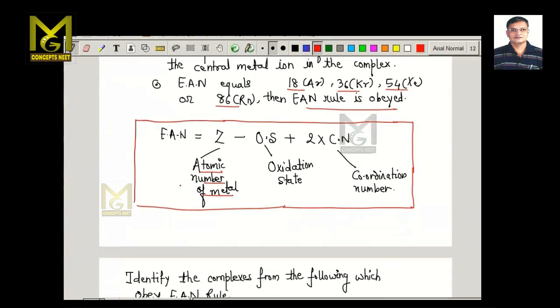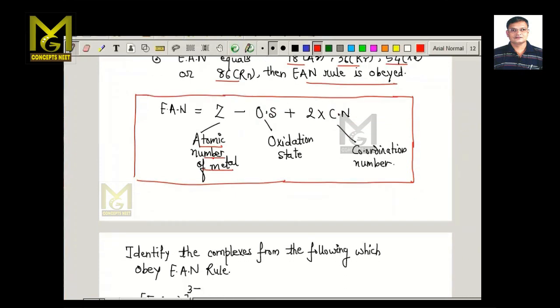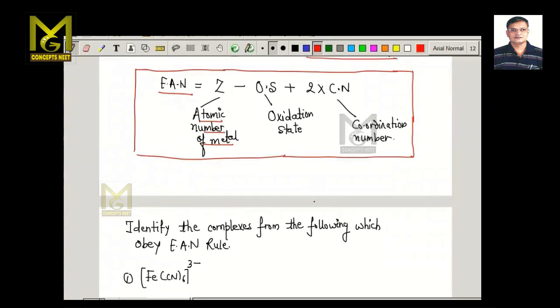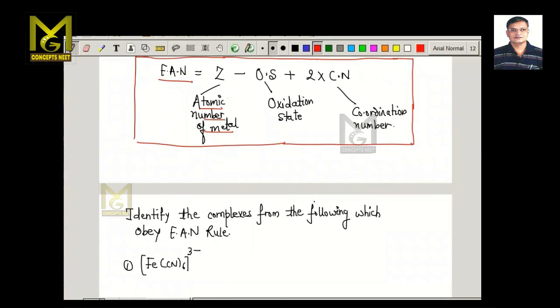So you should know the oxidation state, or oxidation number, and the coordination number. If you know the oxidation number, coordination number, and atomic number of a metal, you can easily calculate the EAN in that complex and conclude whether the complex obeys the rule or not.